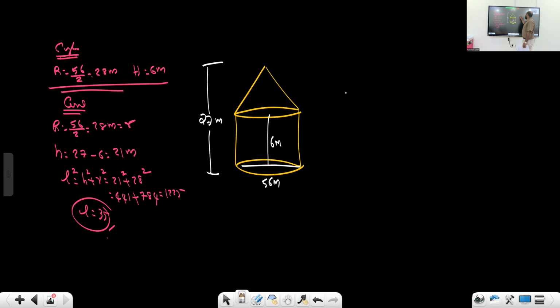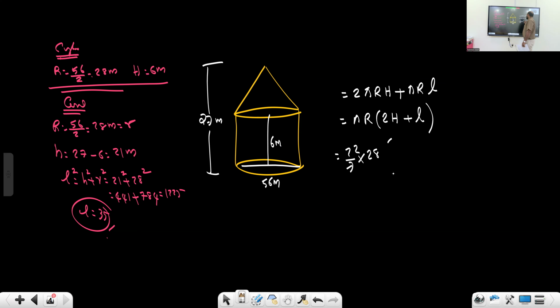Area of the canvas required equals 2 pi RH plus pi RL. I used a capital letter. Radius is the same only, so I took pi R outside: 2H plus L. 22 by 7 into 28 into 2 into H. Capital H is 6, don't get confused with the letters, be careful about that. Small L how much? 35.